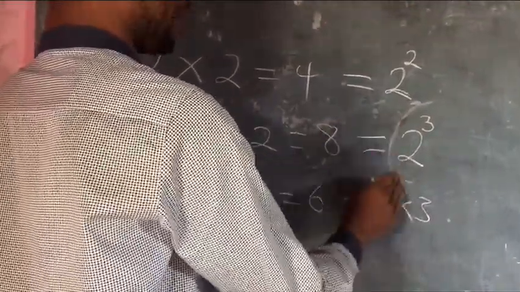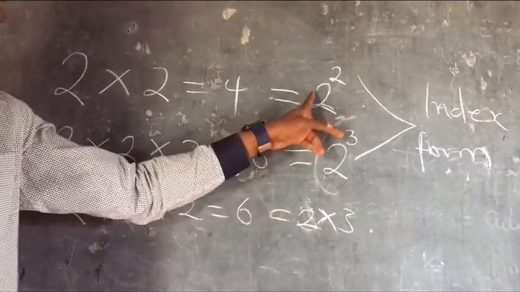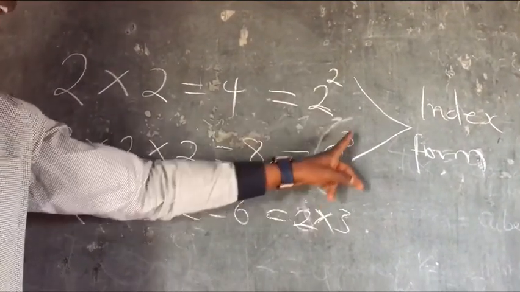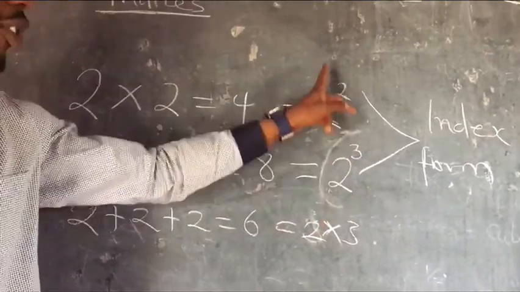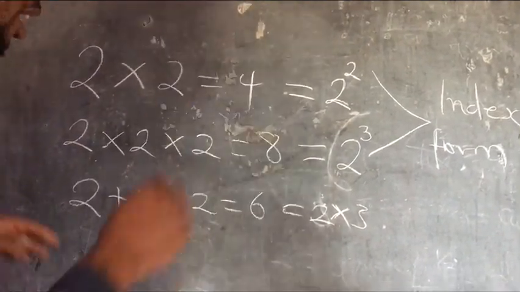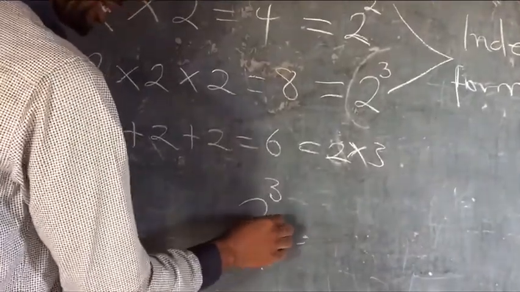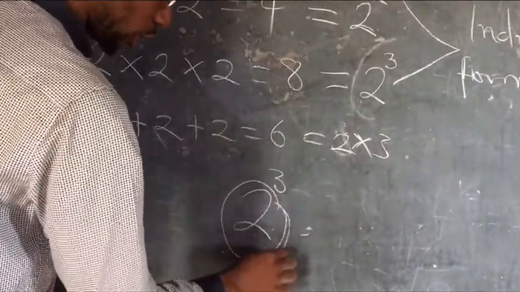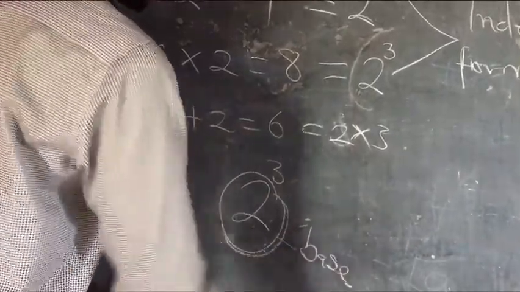When we express numbers like this, we say they are in index form. When we don't express numbers in index form, we don't express them in indices. Now, if we express a number as 2 raised to the power 3 like this one, this 2 is the base of the number.